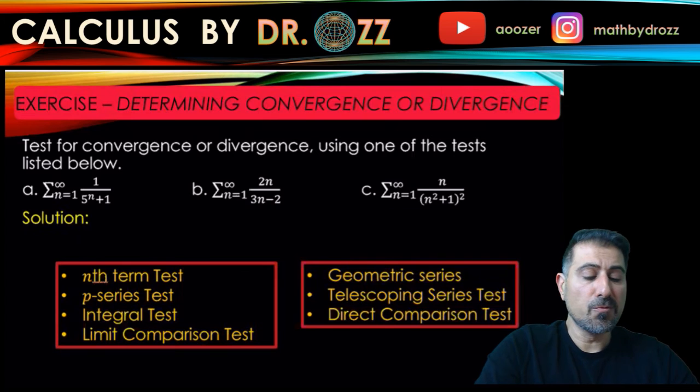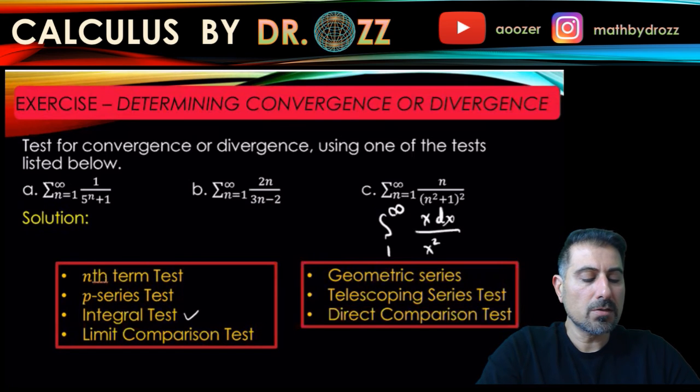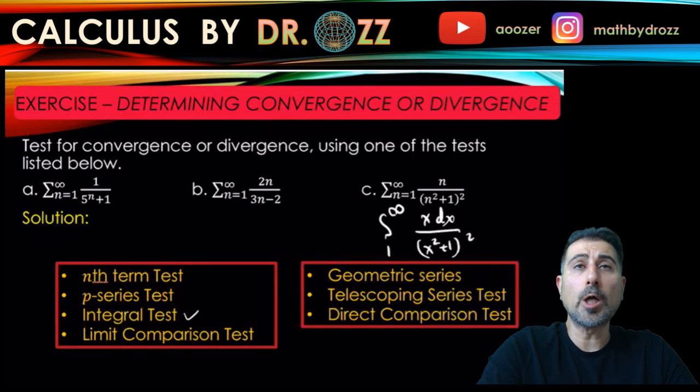For part C, for example, I could also apply the integral test because I would be able to integrate this function by calling the bottom u. This is an integrable function, and you will see that this would probably spit out something finite, so the integral would converge, so the series would converge as well.